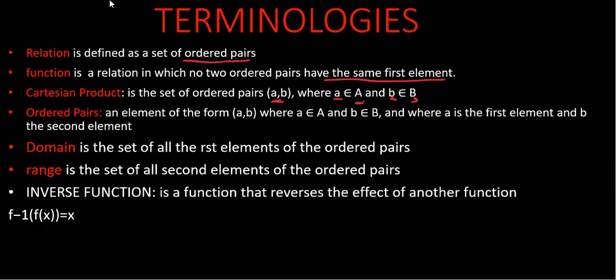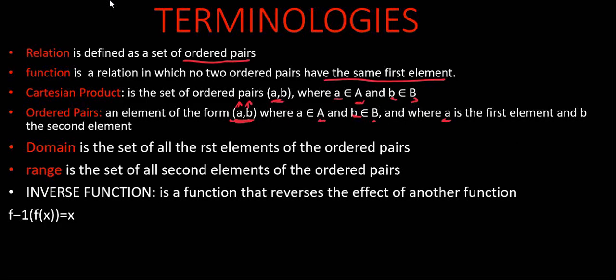An element in the form (A, B), where A is a member of set A and B is a member of set B, and where A is the first element and B is the second element. So this one here is the first element and this side is the second element.